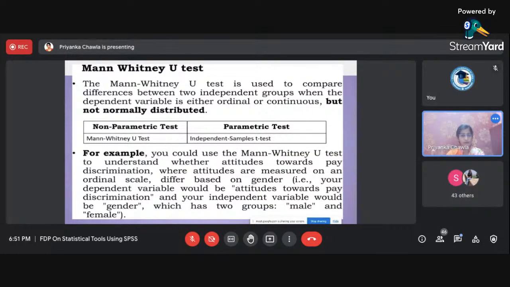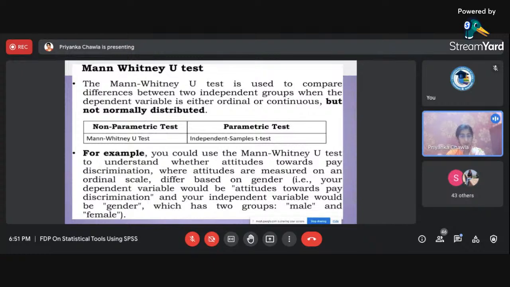Ma'am, independent variables are categorical and dependent variables are of scale. Scale, right? So this test, Mann-Whitney U-test, is equivalent to independent t-test, but the only difference is if the data is not normal, then we will apply this non-parametric test instead of the independent sample t-test. If the data is not normally distributed, then we will apply this.